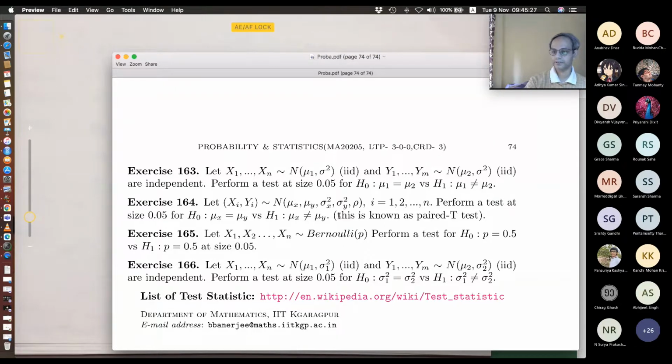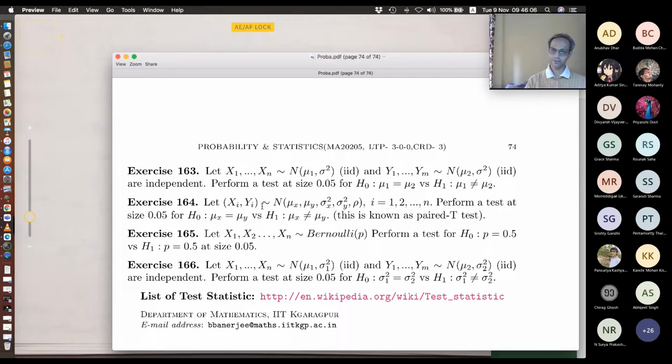Now, this is an interesting problem: xi, yi, you have paired observations. So if you have paired observations and you are interested to know whether the means are the same or not. So if I want to say whether the length of your left palm and the right palm are the same, or maybe your average score in math 1 and math 2 are the same or not.